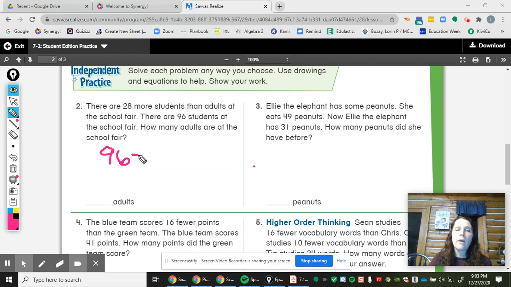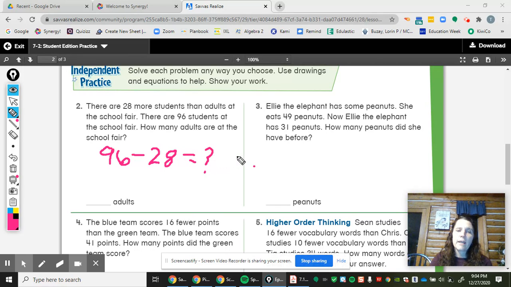So we're going to take away 28, right? To figure out how many adults there were. Because remember, it said that there were more students. So this is the biggest number, the students. So we have to take 28 away from 96 to figure out the adults. So we equal question mark. So there's our equation. 96 minus 28 is going to give me how many adults.